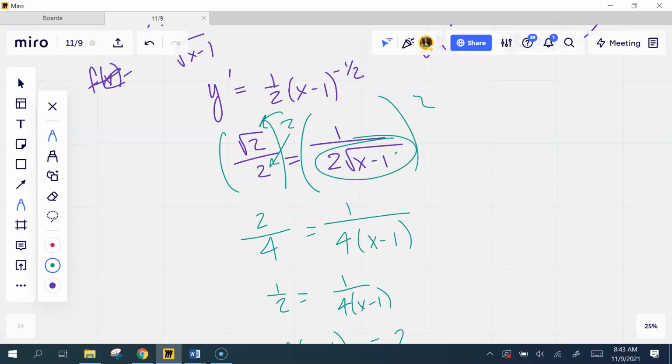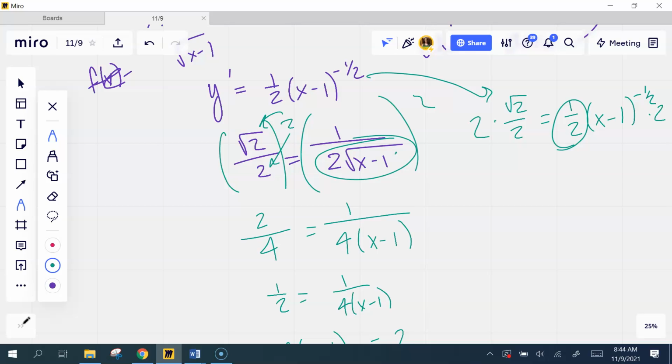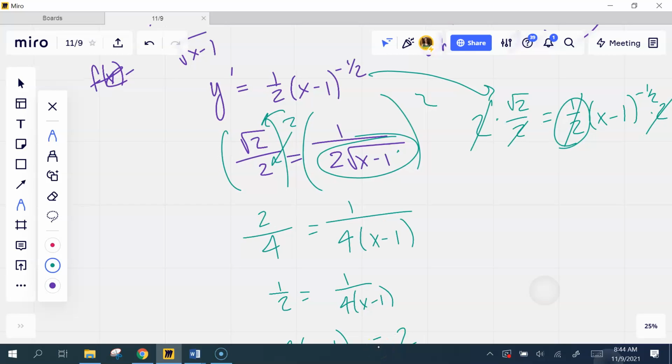See if this makes it easier for you. If I'm here and I want to know where the square root of 2 over 2 equals 1/2 times (x minus 1) to the negative 1/2, get rid of the 1/2 by multiplying by the reciprocal. What's the reciprocal? 2. This actually will be a little bit easier way to solve it. If I multiply by 2 and I multiply by 2, this is gone. This actually cancels also. So I end up with the square root of 2 equals (x minus 1) to the negative 1/2.